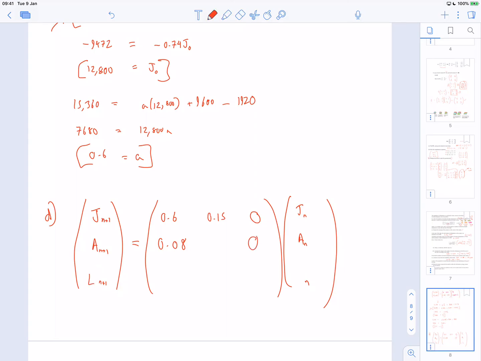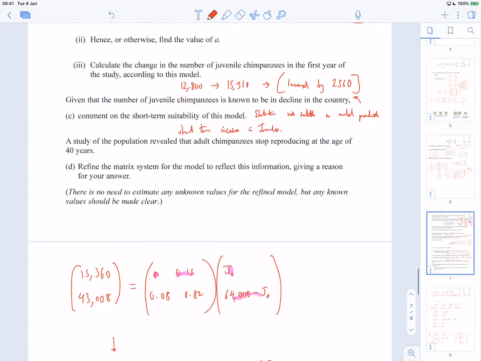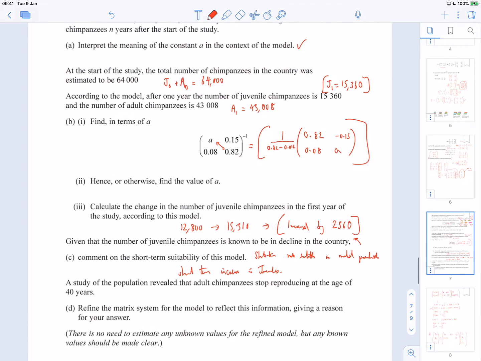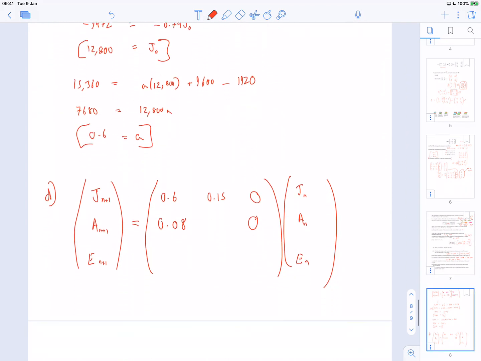Let's call it E for elderly. The amount of elderly are not going to contribute to the adults. The amount of adults contributing to adults, is that not going to be the same rate? Well, it's going to change, isn't it? Because some adults are going to become seniors. I don't know. We'll call that K. And then for the last one, we want the adults.